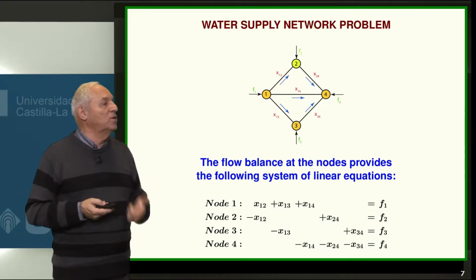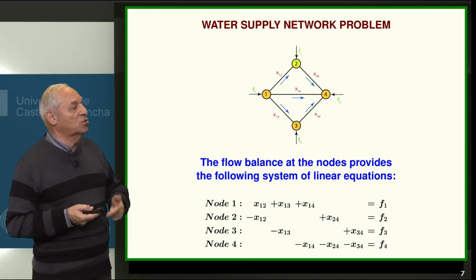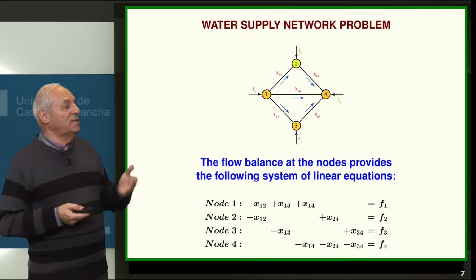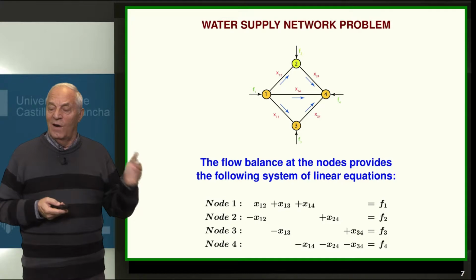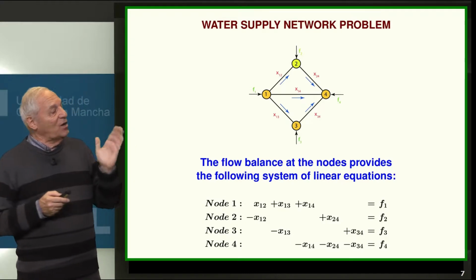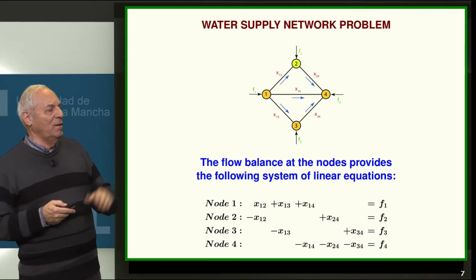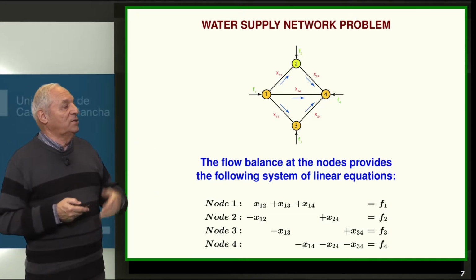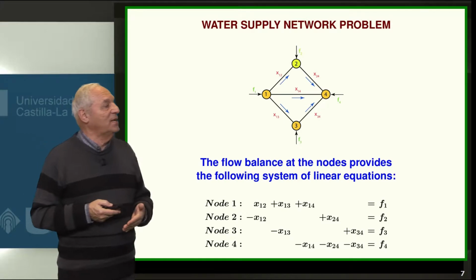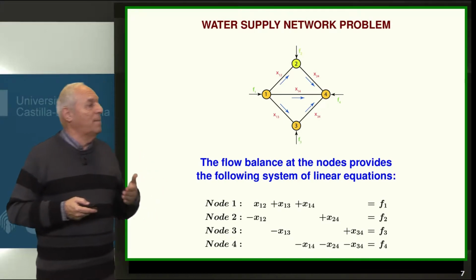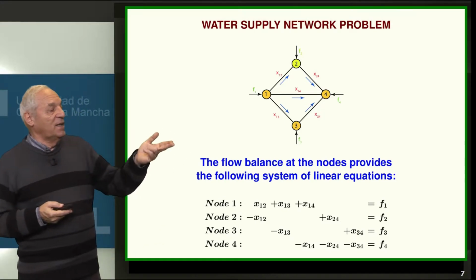In node 2, we enter F2 and x12, and out, x24. Then, we could put what comes in equal to what comes out, or we can place, because it will interest us, everything external, all F, on one side, on one member of the equation, and all the x in the other.